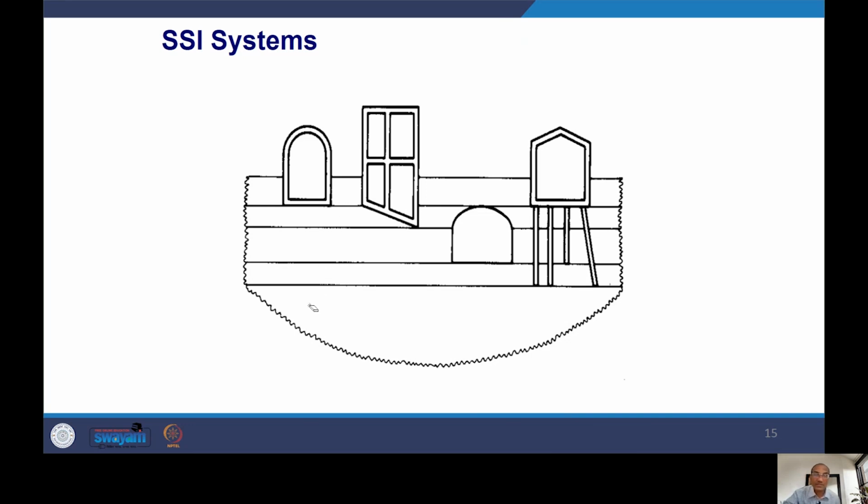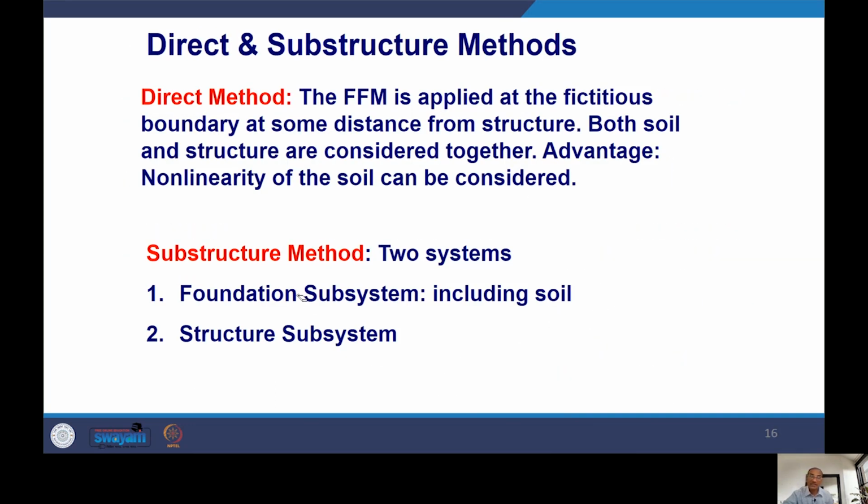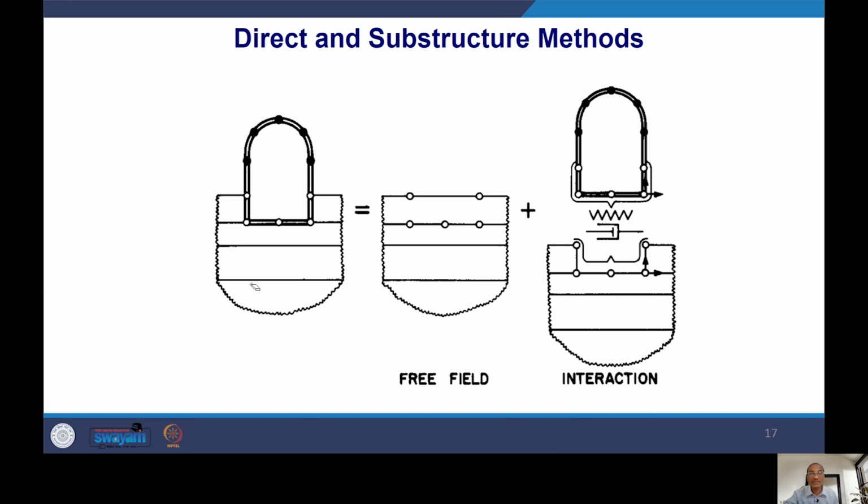So continuing with this, now coming to the direct and substructure methods of analysis for SSI analysis. In direct methods, what you do is consider some part of the soil and the structure itself, which is shown in this figure, and analyze them together in one go.